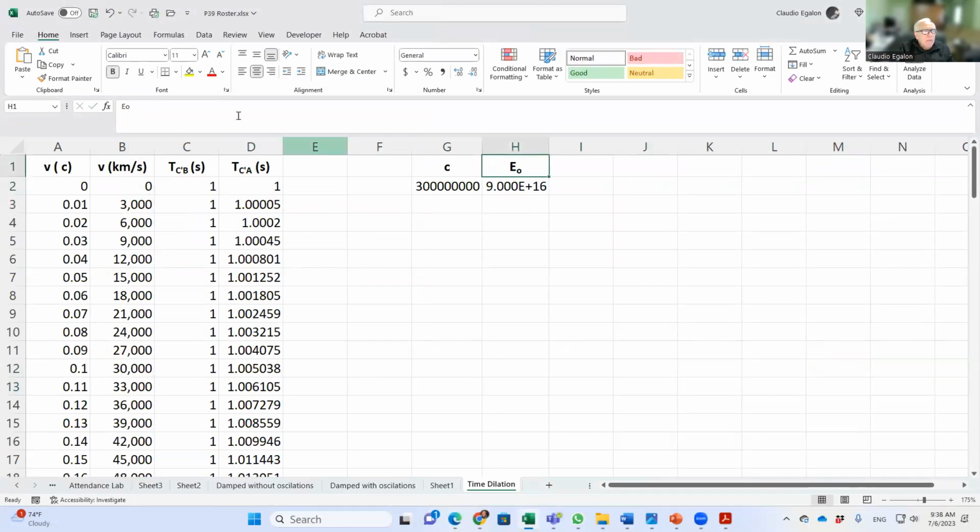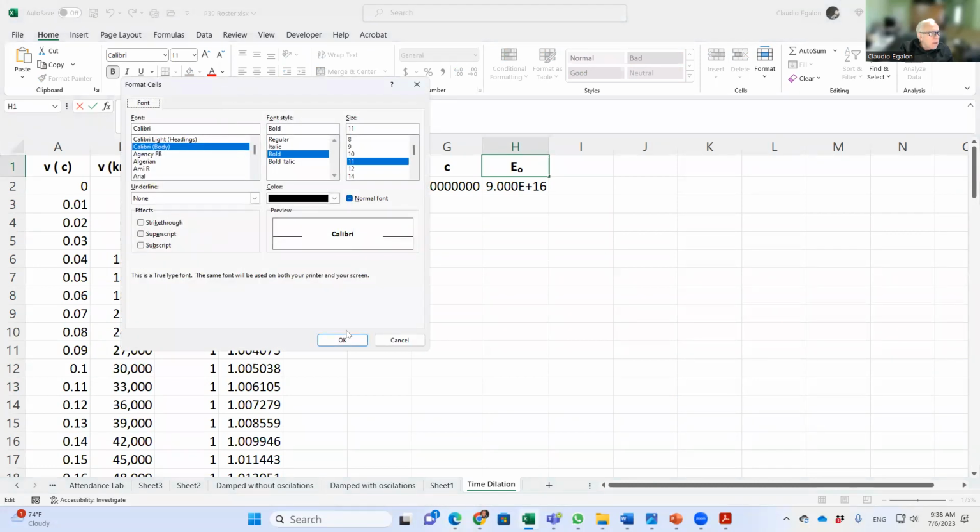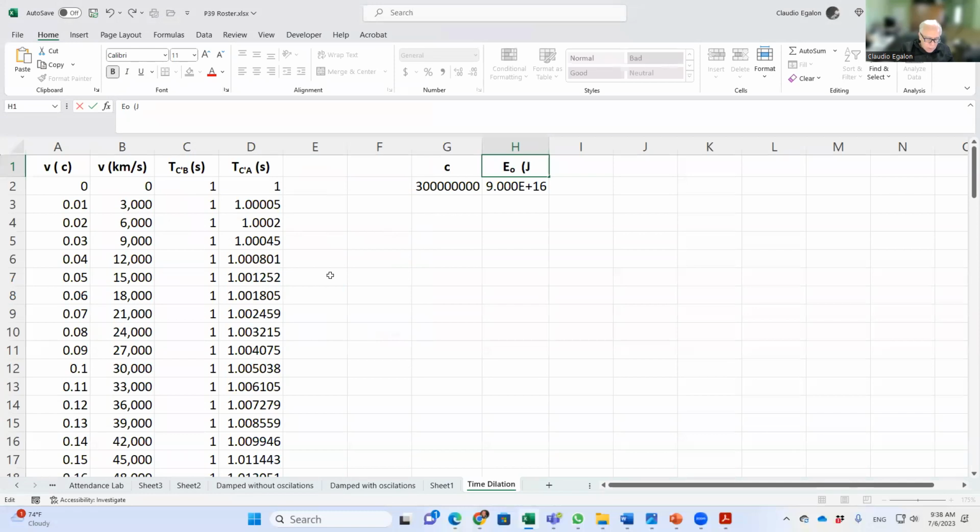And by the way, let's write that down between parentheses, joules, right? Yeah, joules. But I want to express this term not in joules.